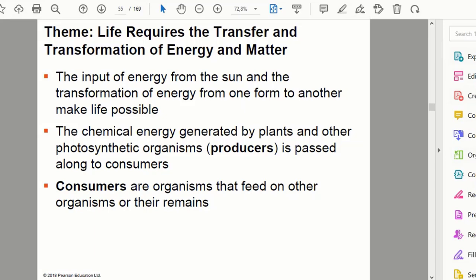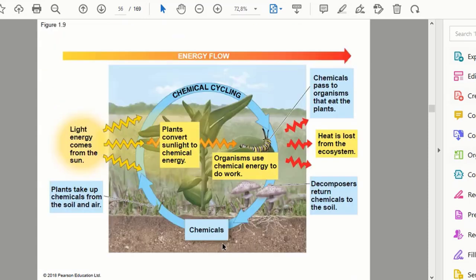So when we continue, you will see there is what we call an energy flow. I remember if one of you attended BLG1502, there is a cycle or life cycle.